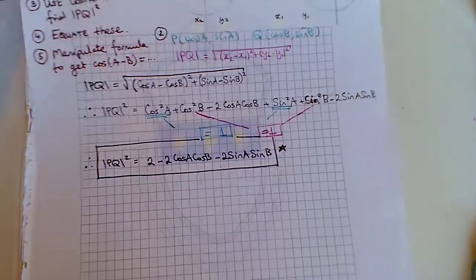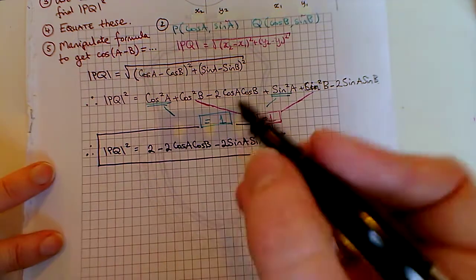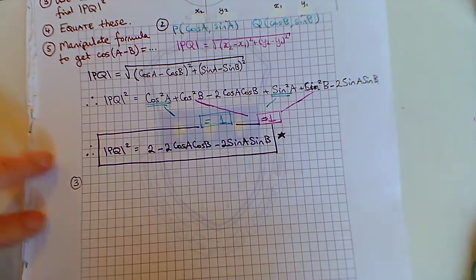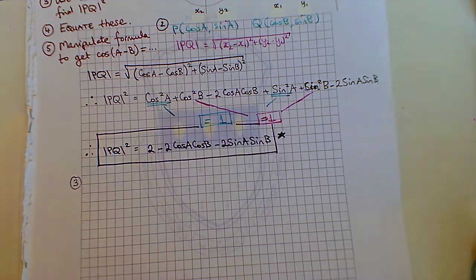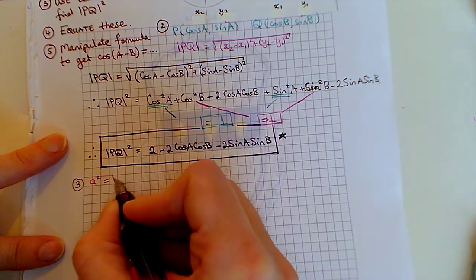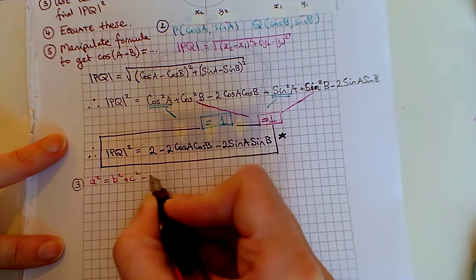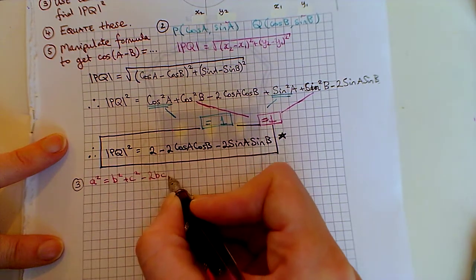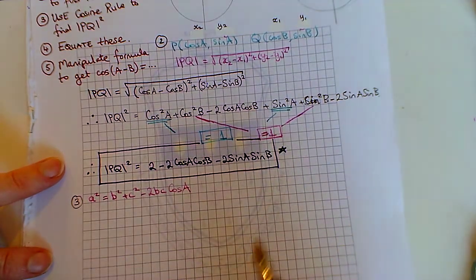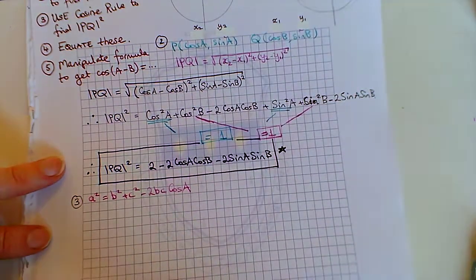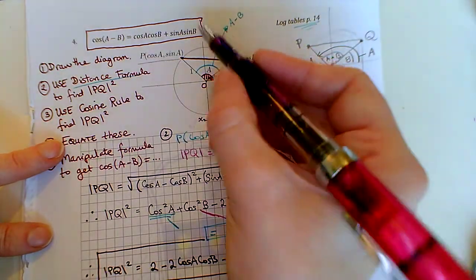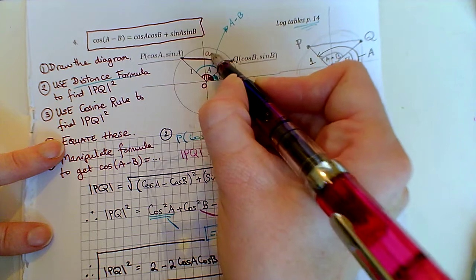Okay, step 3 said that I need to use the cosine rule to find PQ squared. So the cosine rule says that a squared is equal to b squared plus c squared minus 2bc cos A, where A is the angle opposite the side that we're finding, opposite little a.